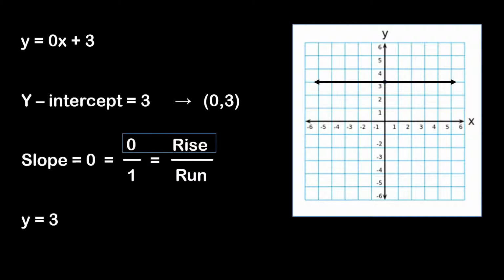And we could do this kind of approach with any equation where we have y is equal to some number. If you were told that y is equal to 2, well then y is always equal to 2, so you would sketch it intersecting the y-axis at y is equal to 2.